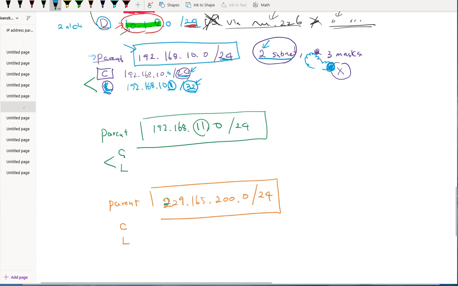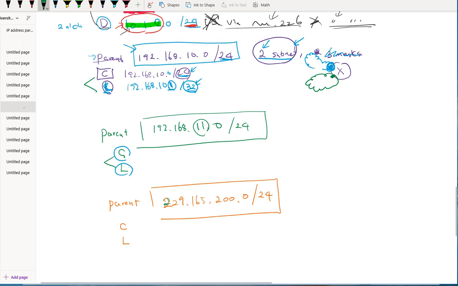And then the subnet masks, don't worry about this too much at this point. Just worry about these two subnets. And the same thing for the C and L. This time it's the green network, right?